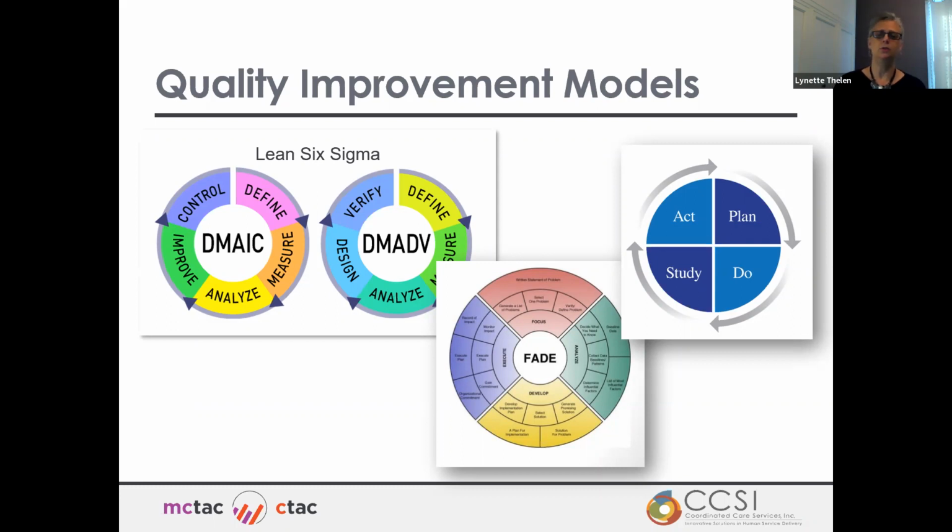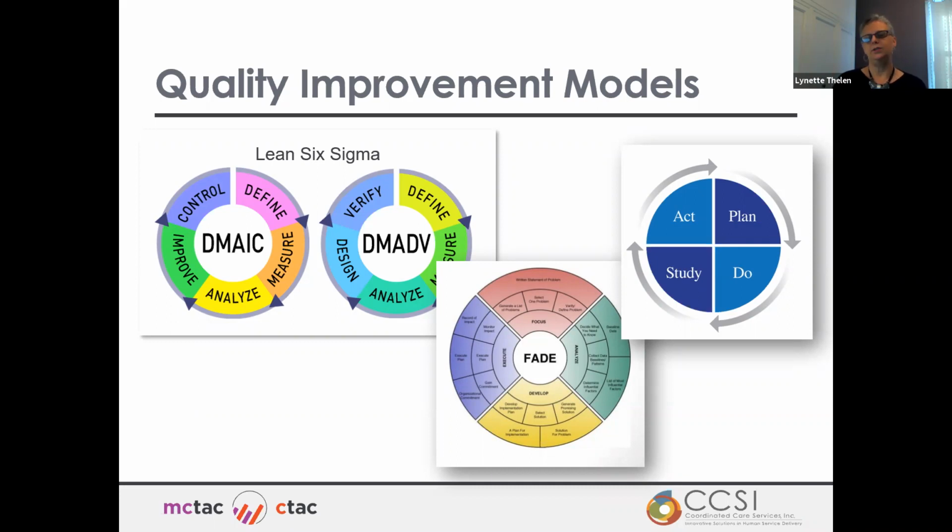We also have plan, do, study, act, which is really a model for testing out a change. So you plan something that you want to do, you try it, you study or check the results, and then you decide on your next action, which might be doing another cycle.